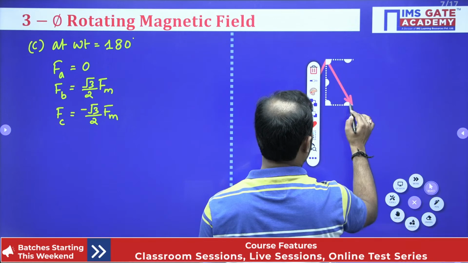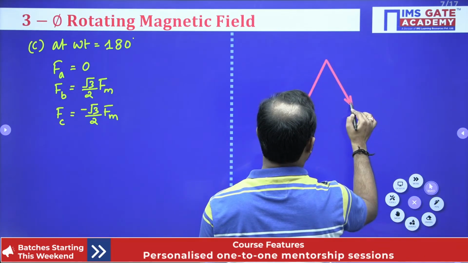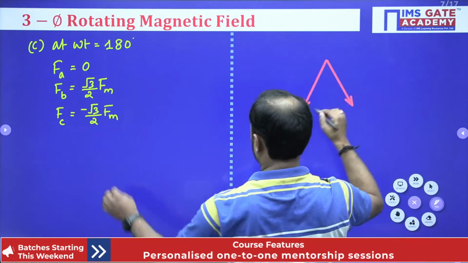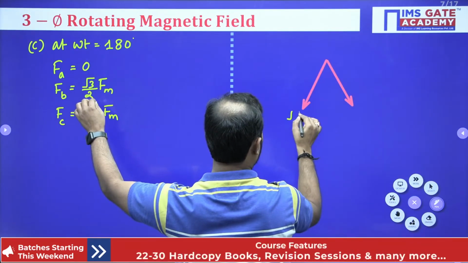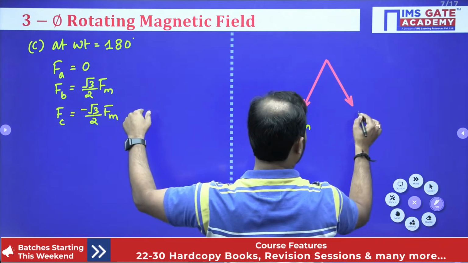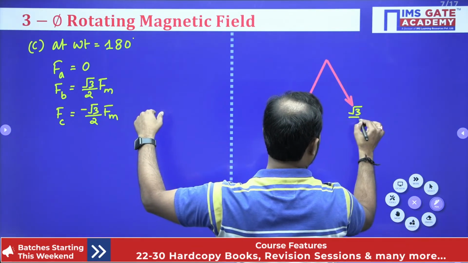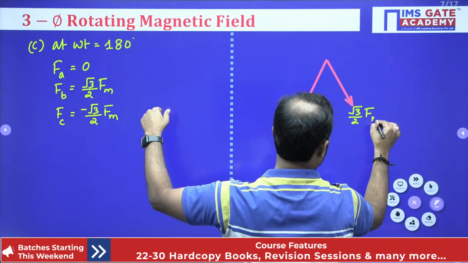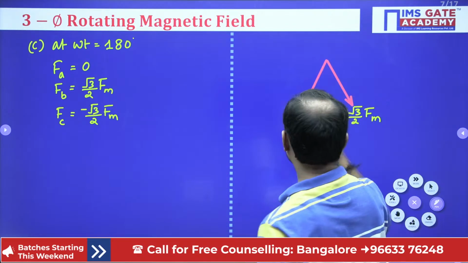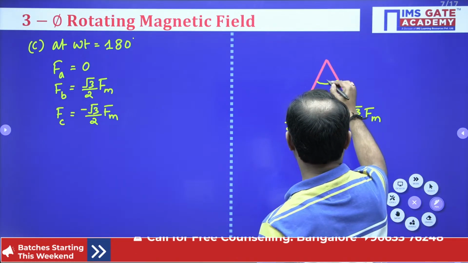Okay, wait a second. So what is the value here? This is root 3 by 2 Fm. And this will be this same root 3 by 2 Fm. And what is the angle here? This is 60 degree.